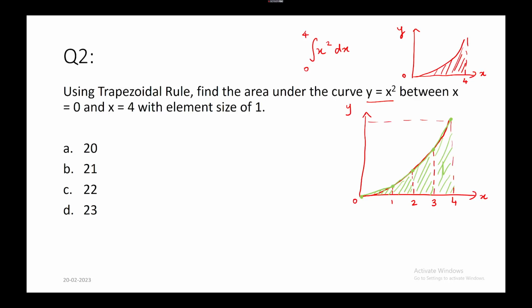So let's recall the formula once again. I am splitting the integral I is equal to integral 0 to 4 x square dx into 4 intervals: integral 0 to 1 x square dx plus integral 1 to 2 x square dx plus integral 2 to 3 x square dx plus integral 3 to 4 x square dx.